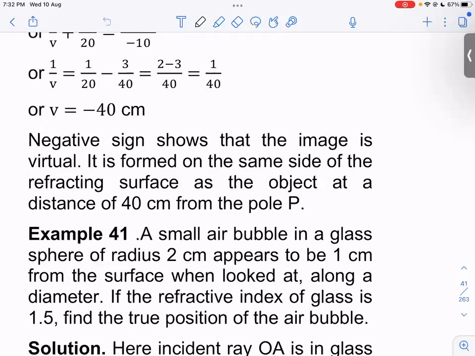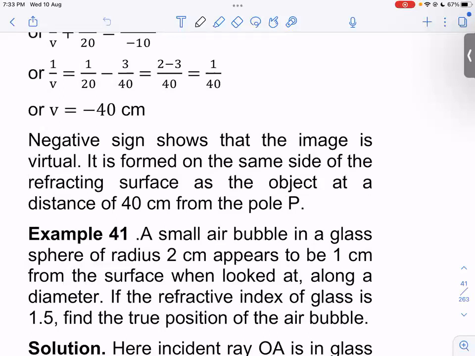Sorry? How much is it? Two by three. Both answers are not right. Are you using apparent depth? Don't use that, that is for a flat surface.